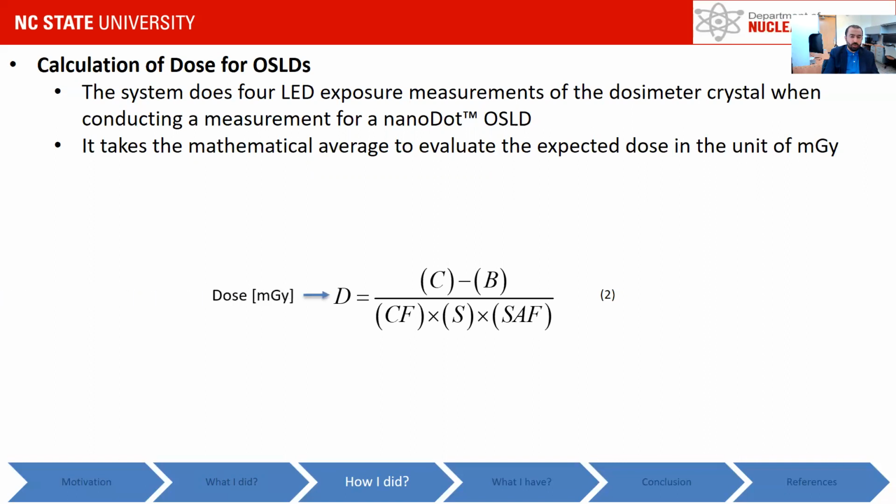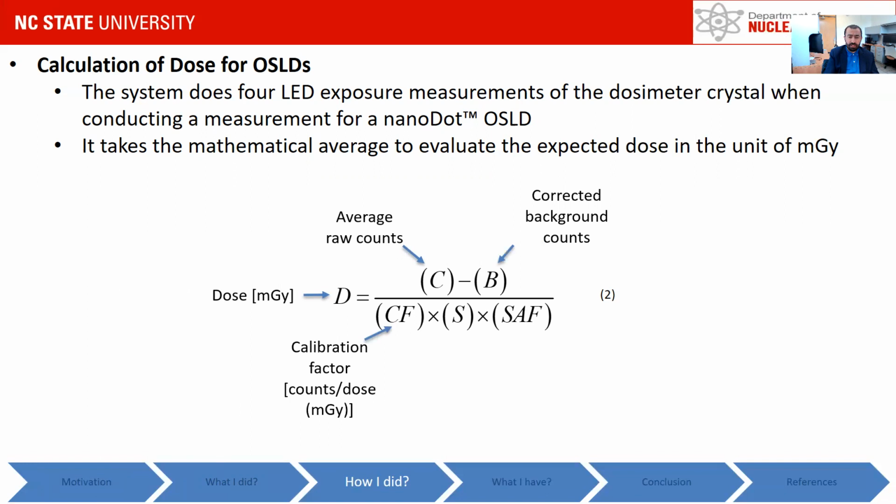So D is the dose, C is the average raw counts, B is the corrected background, and the calibration factor is the factor that converts the average raw counts to dose in units of milligray. Then there are the sensitivity adjustment factor and the sensitivity. Each parameter here has its own uncertainty.